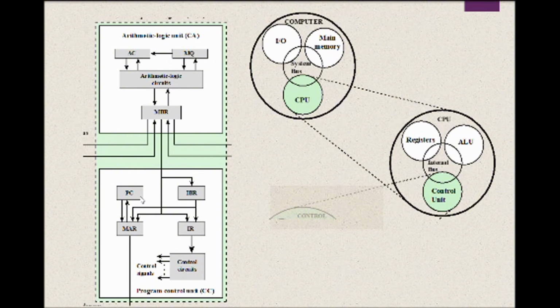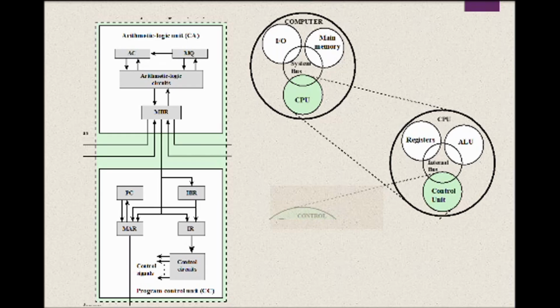So the CPU stores this instruction in another internal temporary storage area, the instruction register, which is here, the IR. And finally, the program counter is incremented by one, according to the value it had before.